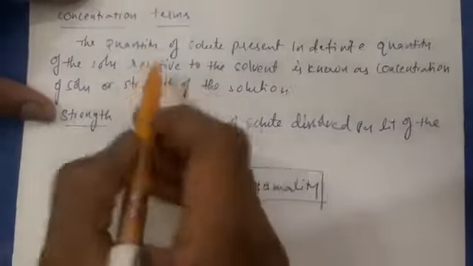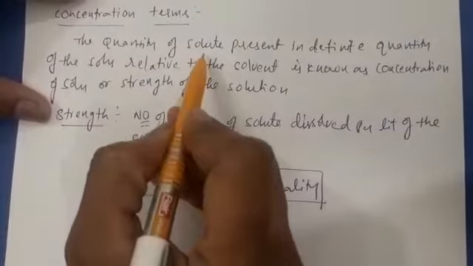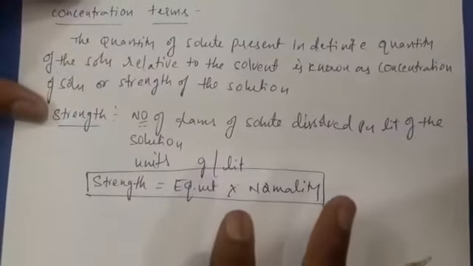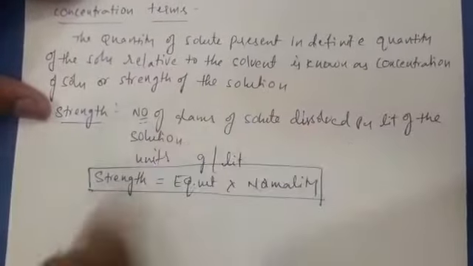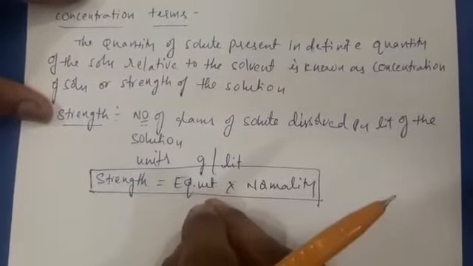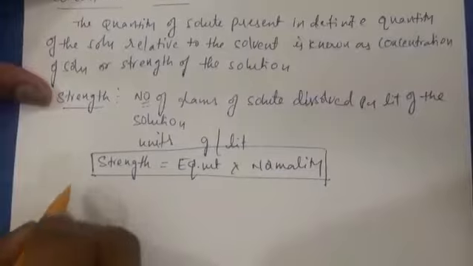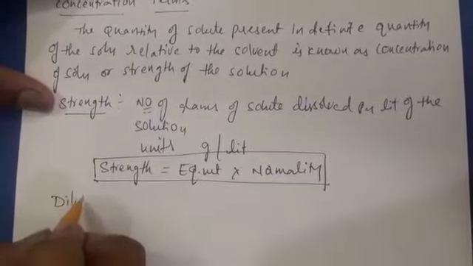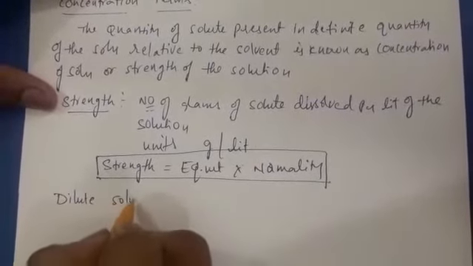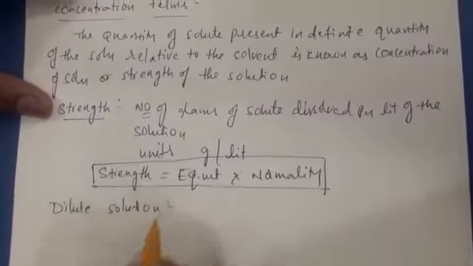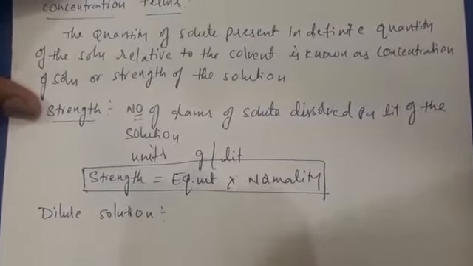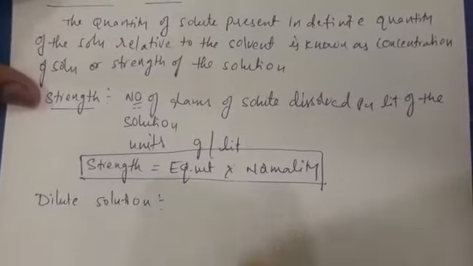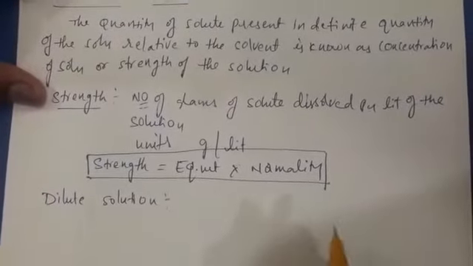So, based upon the quantity of solute, two types of solutions are there: dilute solution and concentrated solution. First, coming to dilute solution. What is a dilute solution? A dilute solution is a solution containing a smaller quantity of solute compared to that of solvent.